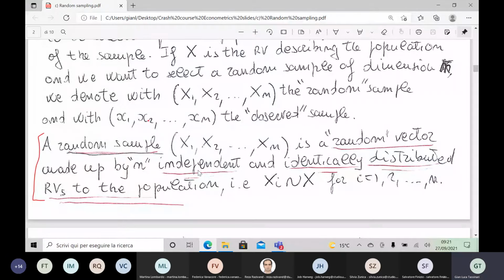That is, Xi for i that goes from 1 to n follows the same distribution as the population X.